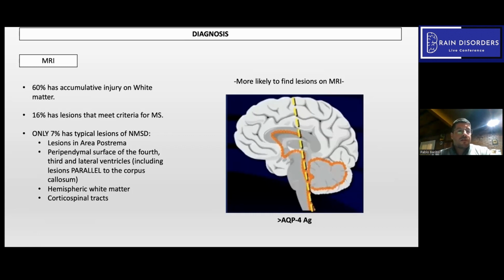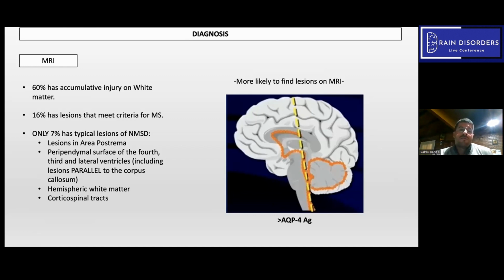Only 7% has typical lesions of NMO, like lesions in the area postrema, the periependymal surface of the fourth, third, and lateral ventricles, including lesions that are parallel to the corpus callosum. MS has lesions perpendicular to the corpus callosum. Also hemispheric white matter lesions, gray matter lesions, and lesions at the corticospinal tracts.